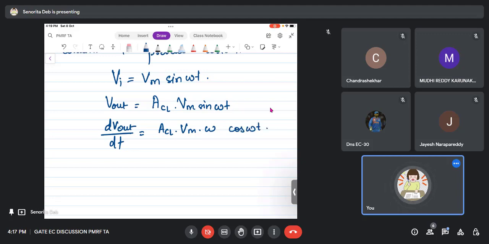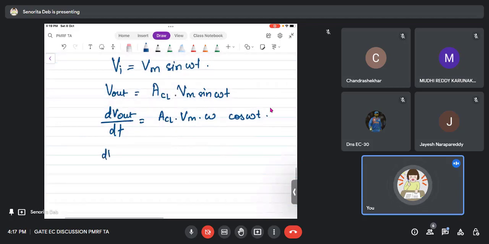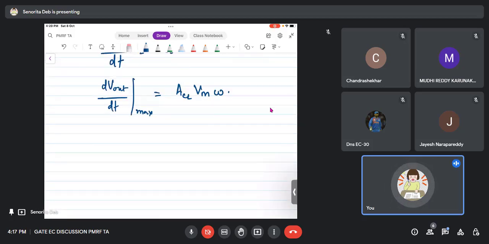Is it true? So what will be the maximum value? The maximum value will be ACL Vm omega. Now normally, because omega is the frequency, the bandwidth, which is in megahertz, it is high for the op-amp.